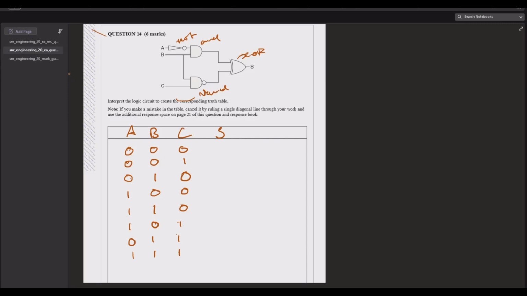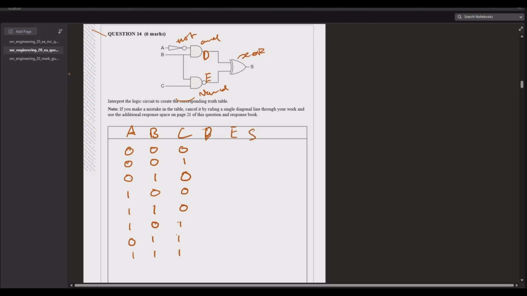That is all the possible combinations: zeros, ones, twos, and the 3. Given that we've got a NOT here with this AND gate, let's make this a little bit easier on ourselves and take that off, and label this D and this E.